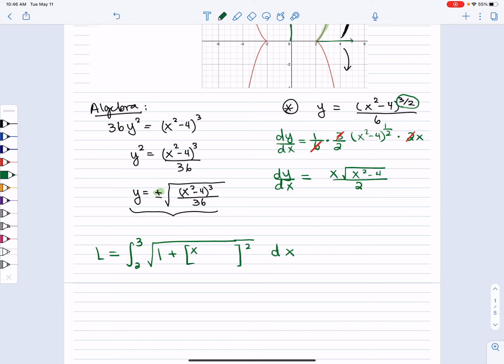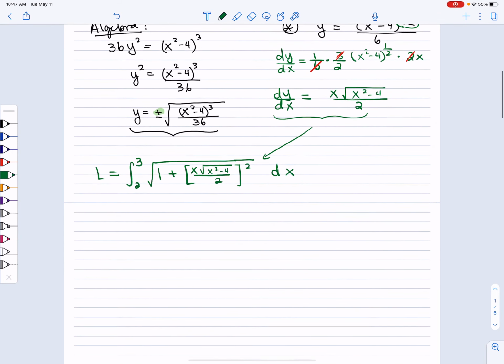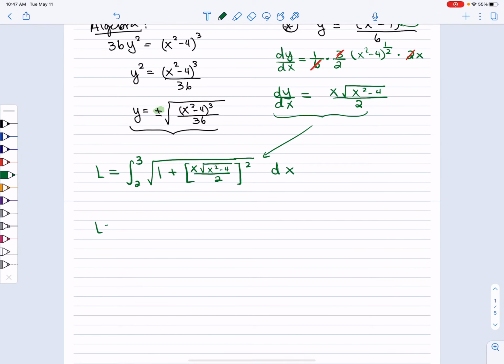So here we have x times the square root of x squared minus 4 over 2. We're getting this information and plugging it into the formula. So the length of the curve is equal to the integral from 2 to 3 of the square root of 1 plus x squared times (x squared minus 4) over 4 dx.